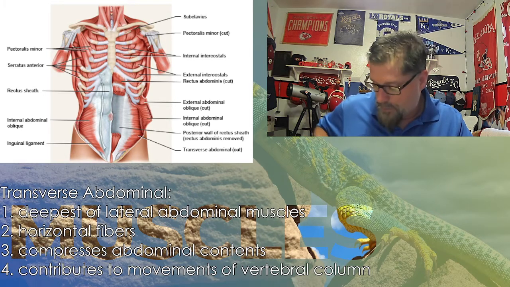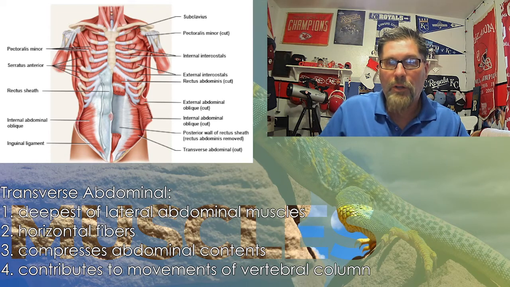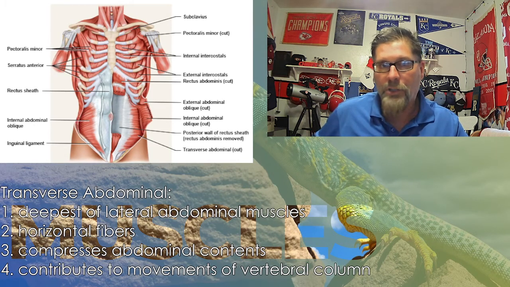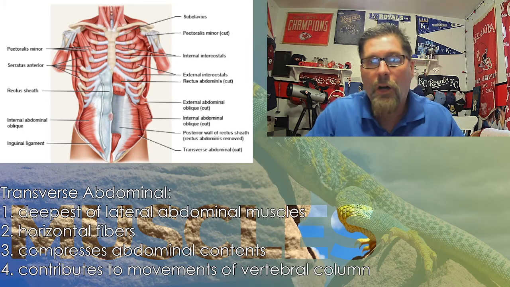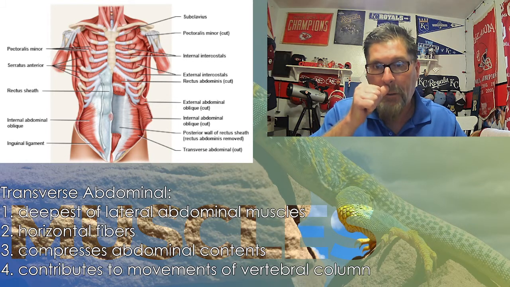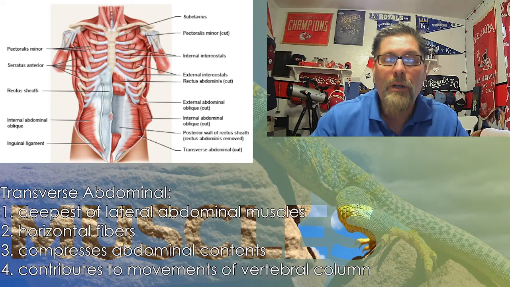If you were kind of looking at it on your own, you got your internal and external kind of more up the front. The transverse is more kind of on the side. Of the actual muscles, this is the deepest one, but we're going to see one more that's kind of lower in the abdomen area. But it helps with the movement, as you can see there.